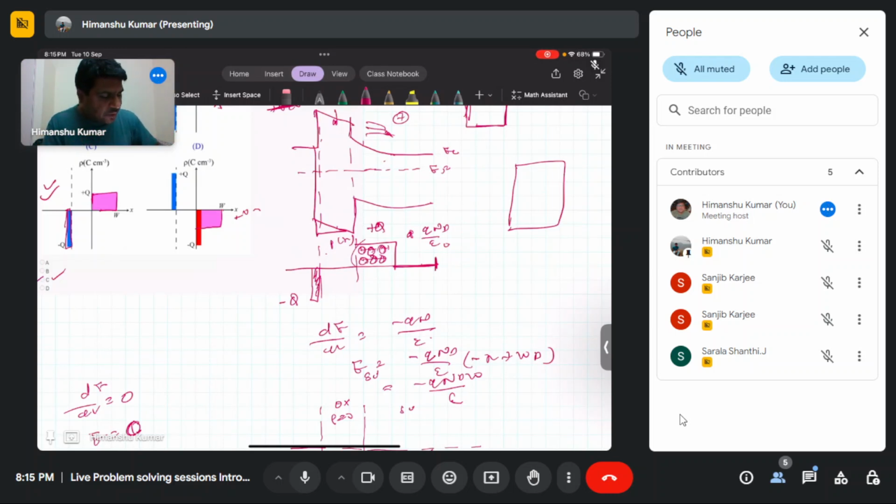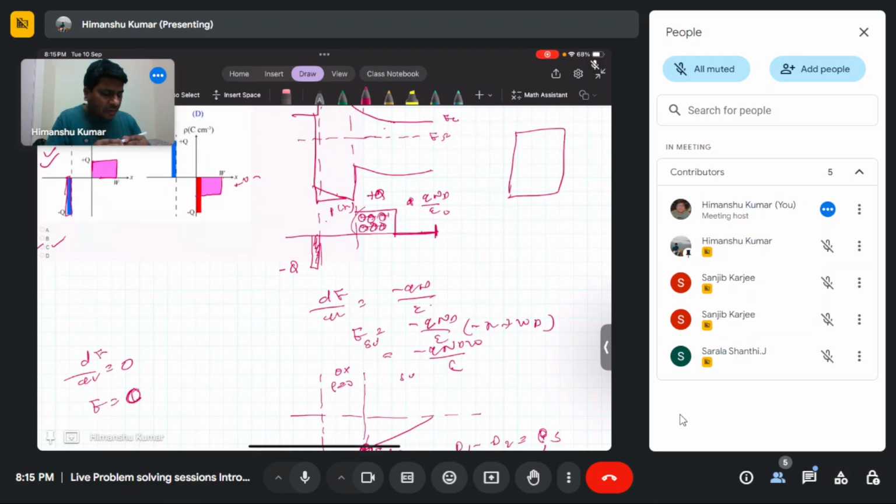There may be some bound charges because you are applying some electric field to this dielectric. What are the bound charges? The dielectric has a core atom and an outer electron. When you don't apply the field, this outer electron has a perfect circular or spherical kind of orbit.